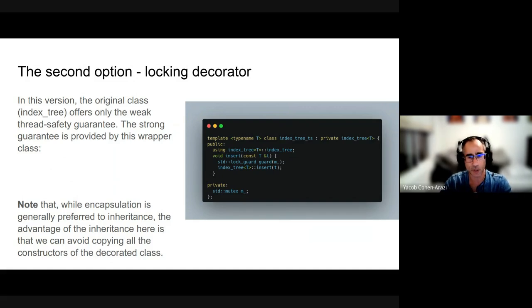Think about a lock guard that takes a mutex, and the locking tree is basically the index tree, which is the parent one. So you have your regular index tree, and then you decorate it with inheritance.